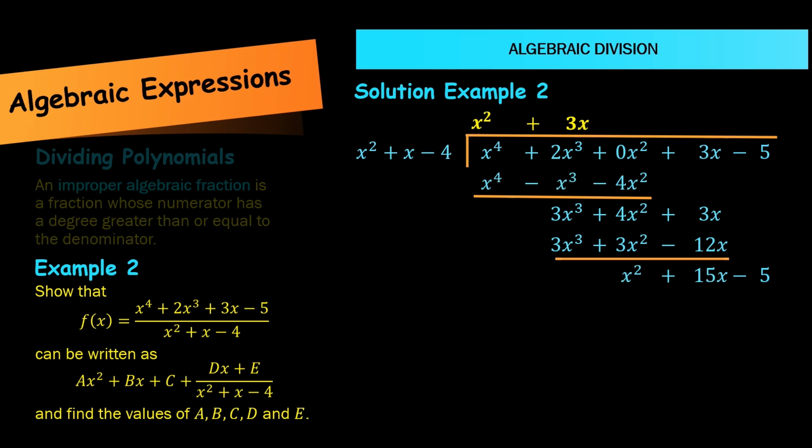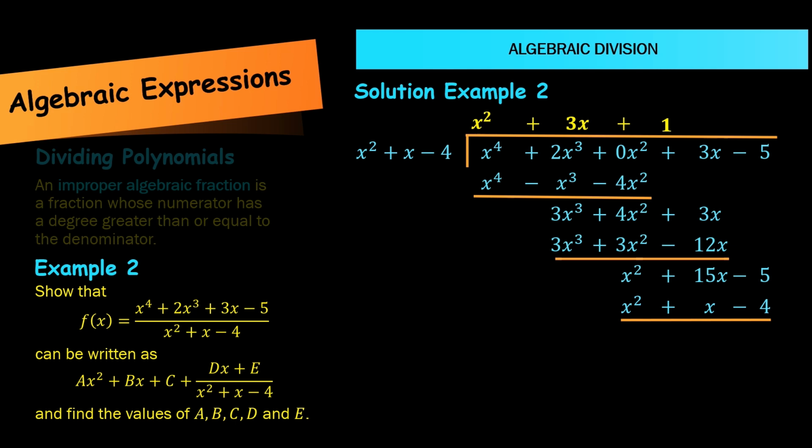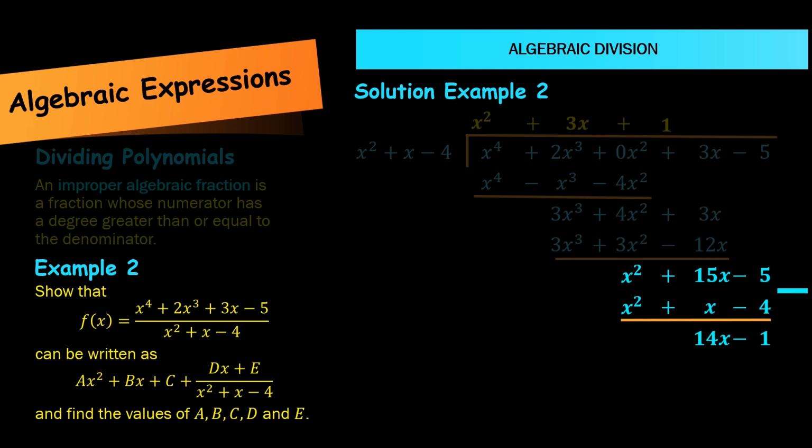X squared divided by x squared is 1, and we position that here. And so we have 1 times x squared plus x minus 4 is x squared plus x minus 4. And then subtracting as shown gives us 14x minus 1.